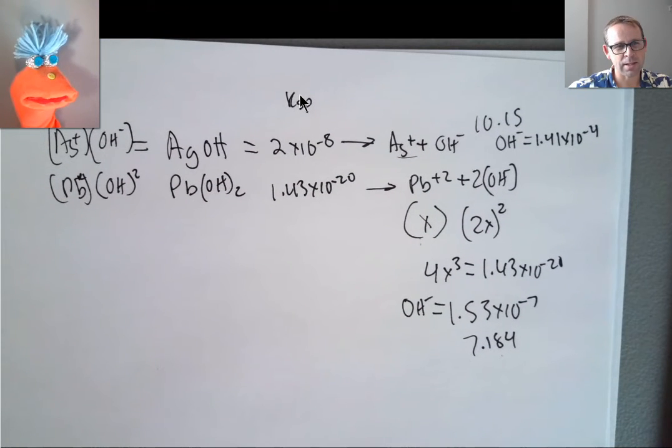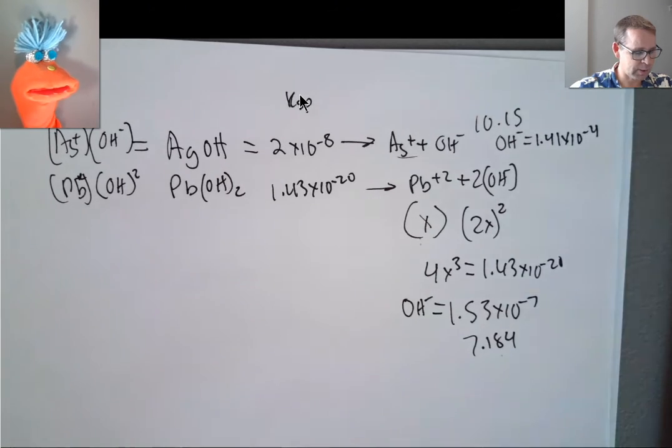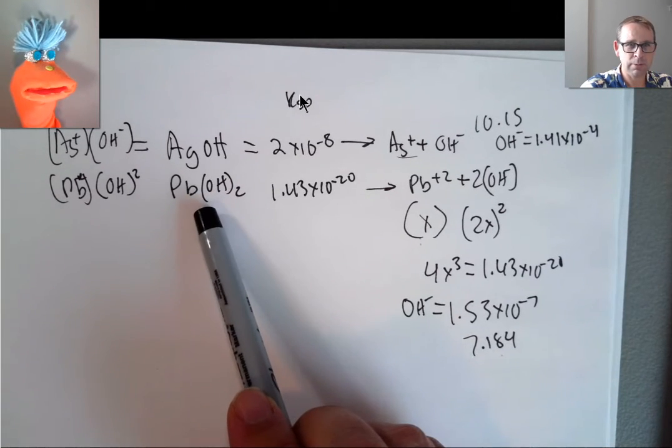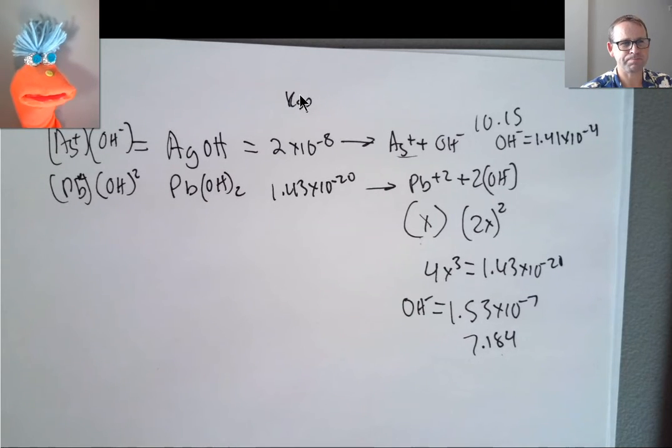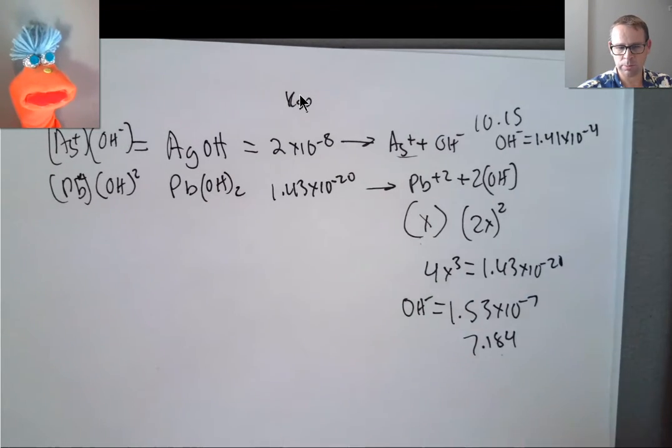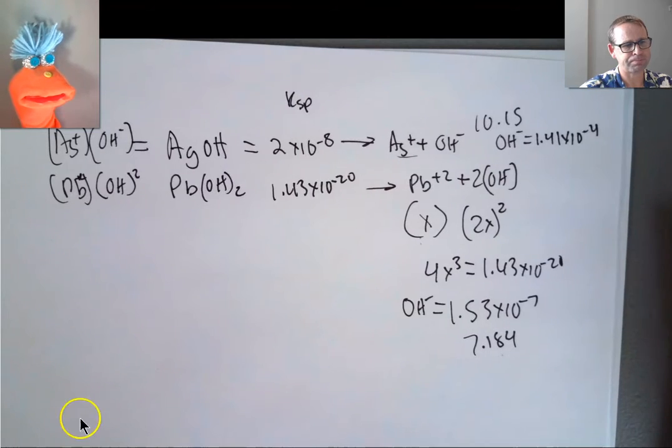So this says that if I take a solution of silver ion and lead ion, whatever their counter ions are, nitrate, acetate, they're going to have to be soluble with lead and silver, obviously, and then I raise the pH to 7.2, I should effectively remove all of my lead from solution, but my silver ion should still remain in solution. You see that? Okay, yeah, interesting.